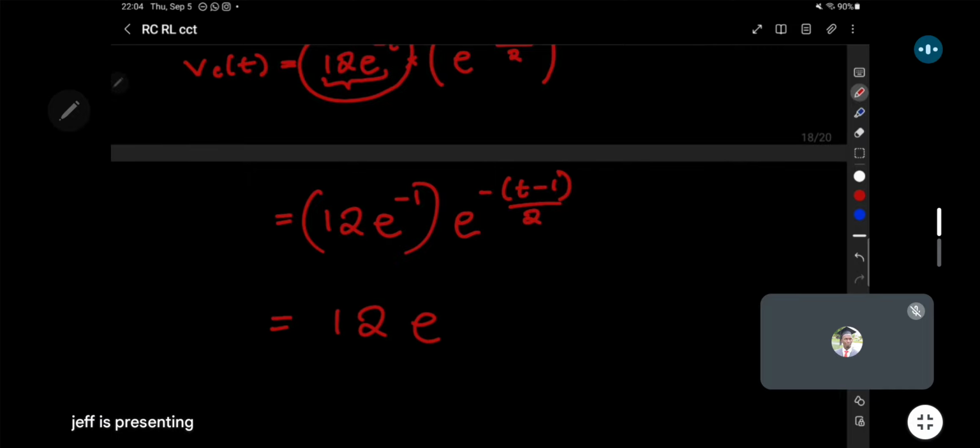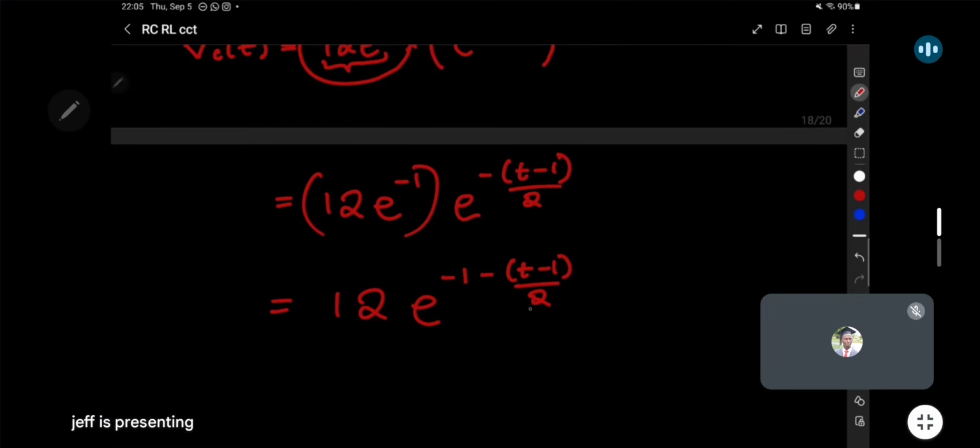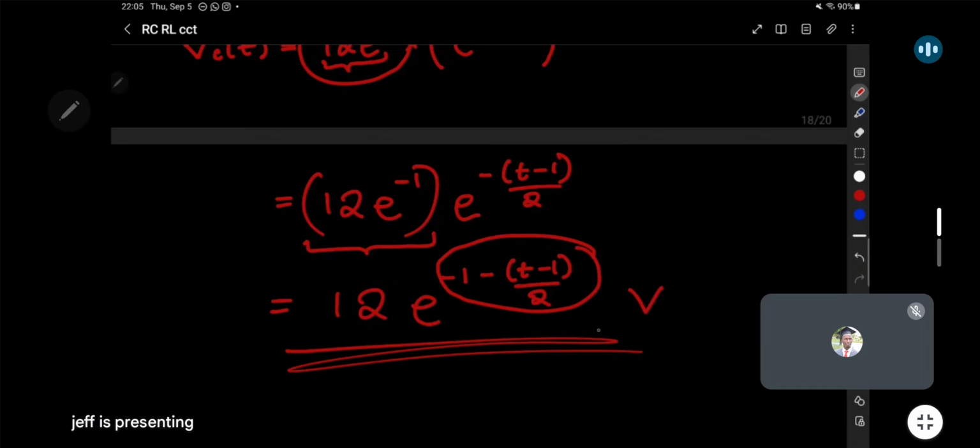This will basically just be, let's say, minus 1, then minus t minus 1 over 2. Okay, so this is better. This is how we're going to approach it. You can simplify it from here, or you can still evaluate this, since this will obviously give you an exact number. Or the way it is here, you can then try to write this as a single fraction. But basically, this is what is going to give you the voltage that they are actually looking for.